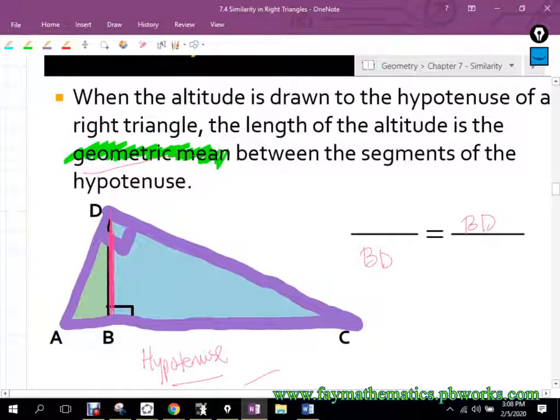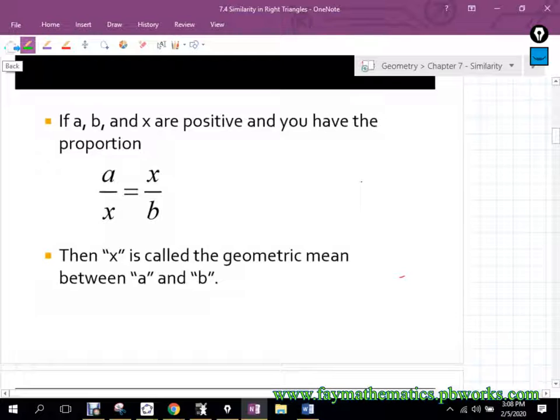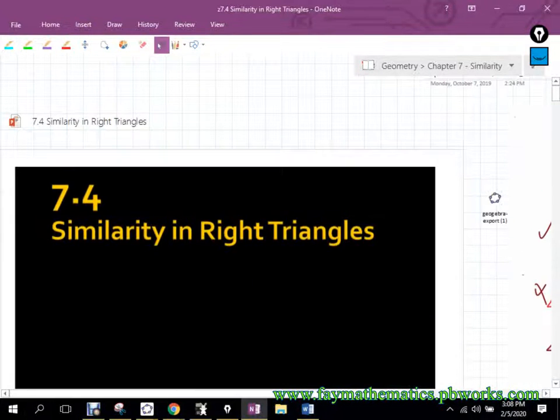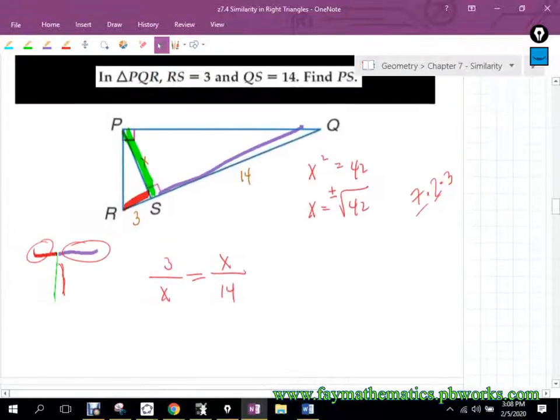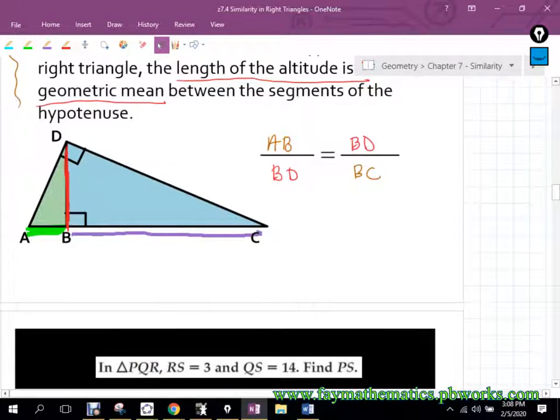What two segments make up that bottom hypotenuse? When we draw that altitude down, it breaks it up into AB and BC. So that is what goes in the other two spots.